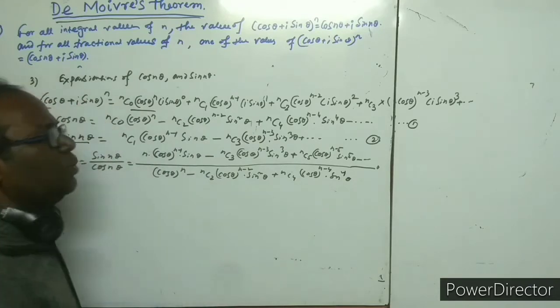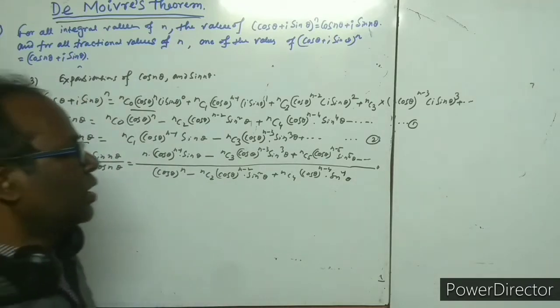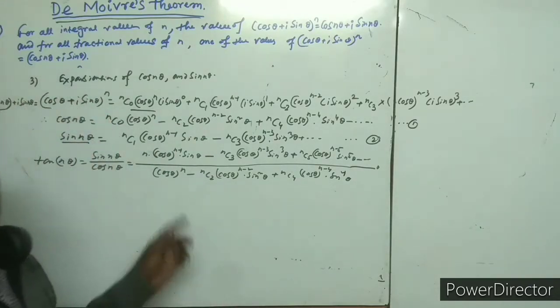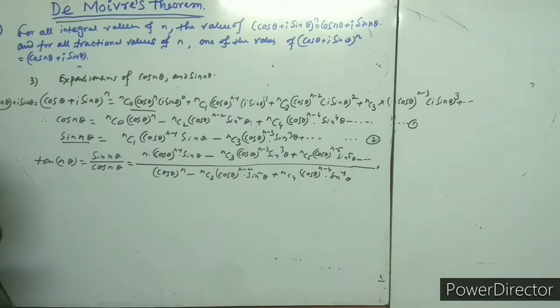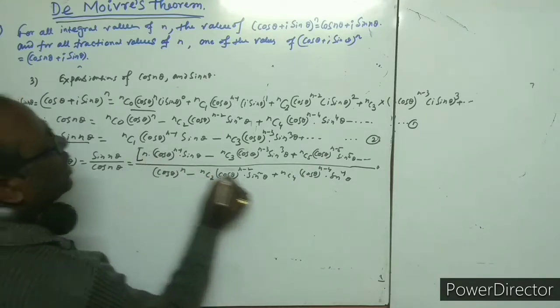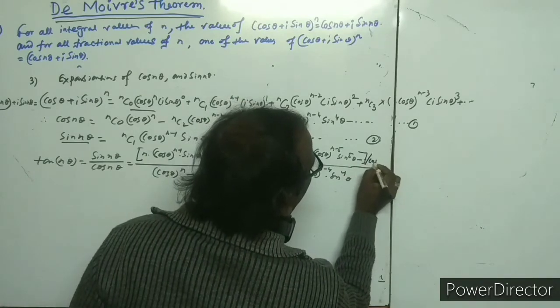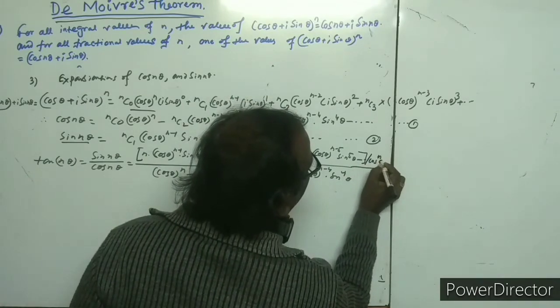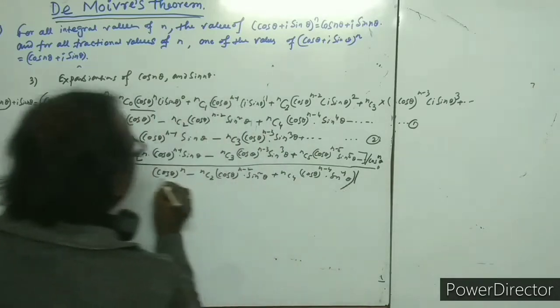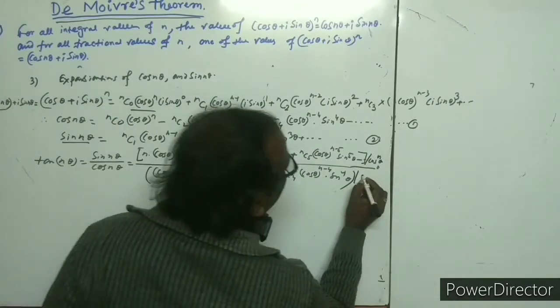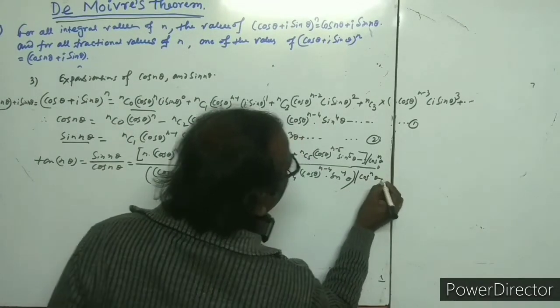The numerator part and the denominator part are both divided by cos theta to the power n.